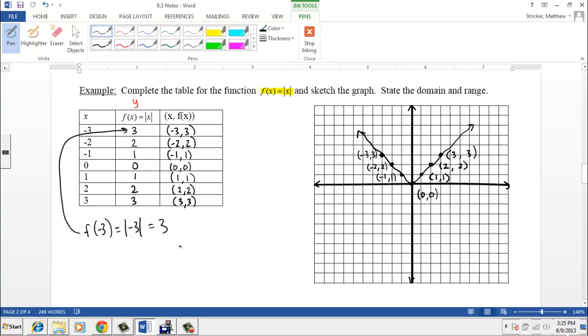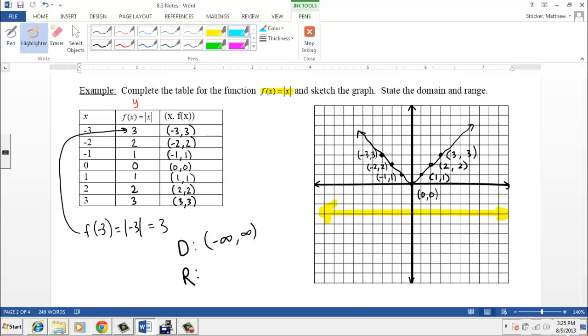Now, anytime we're talking about a function, again, we need to talk about the domain and range. We can see here that for the x's, we have points that go forever in both directions. So the domain is -infinity to infinity. It keeps going out to the right and left.